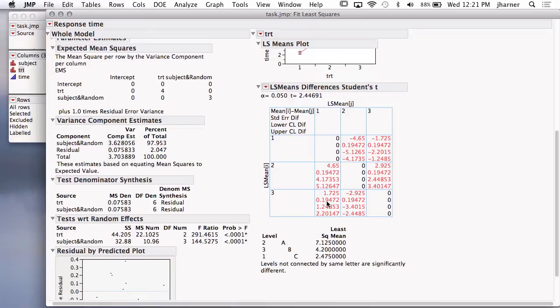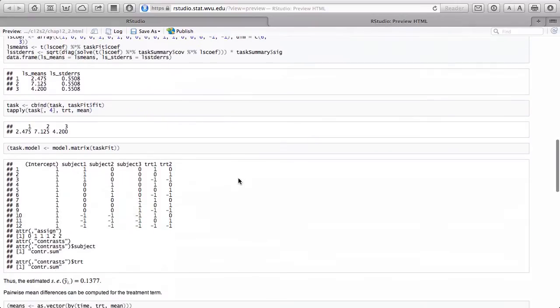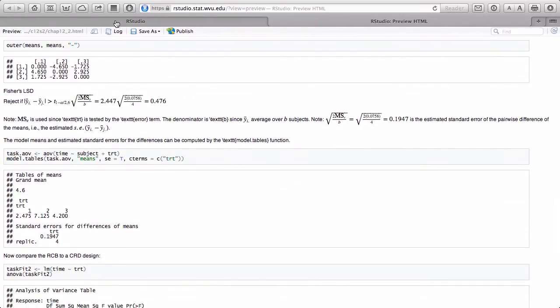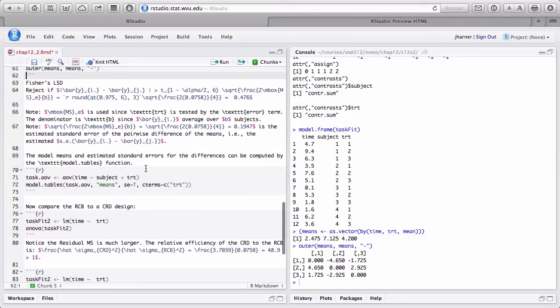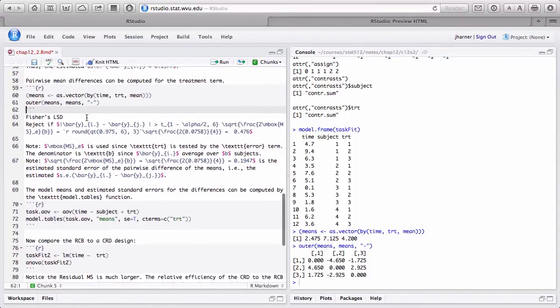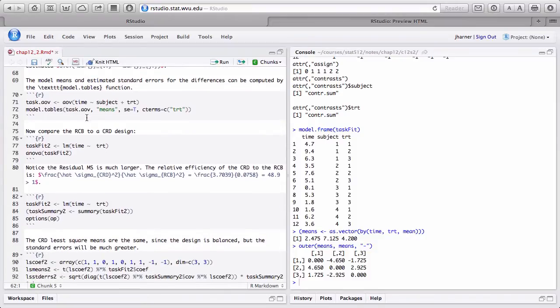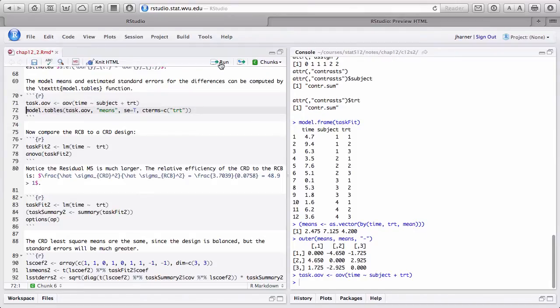Now notice this 0.1947. If we go back and look at what we're doing, I'm just going to fit the model again, and I'm going to do something called model tables.